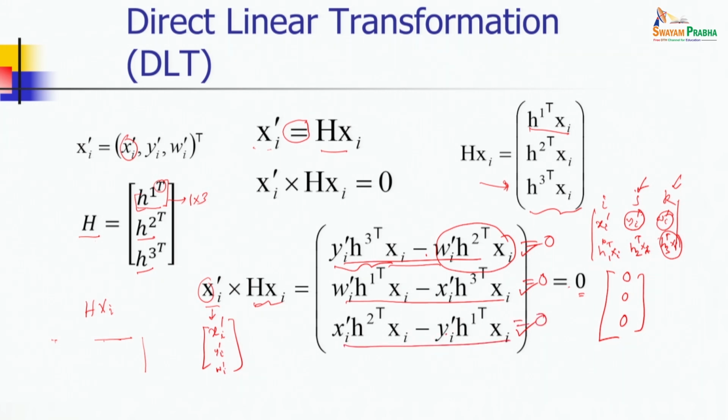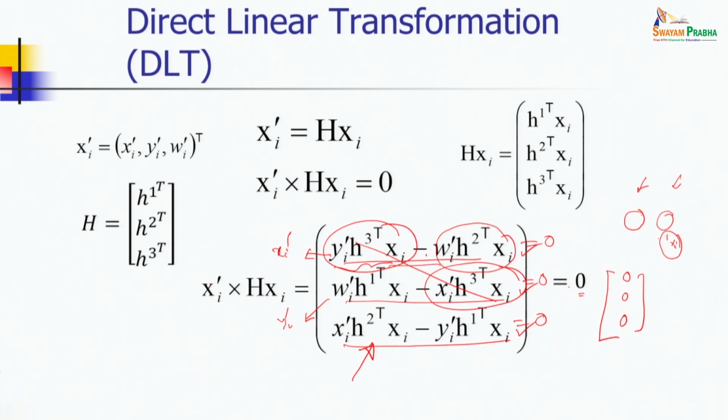But there are only two independent equations, because if I multiply this equation with xi prime and this equation with yi prime, we can see that this component and this component get cancelled, and what you get effectively is the third one. So you get the third equation from the first two equations. That's why you get two independent equations out of this operation.